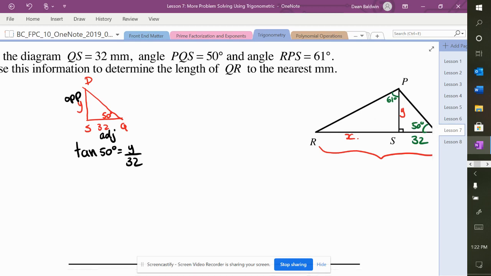Okay, so then figure out what tan of 32 is, or 50, sorry. 1.191718. How do I find Y? Multiply the 32 up.